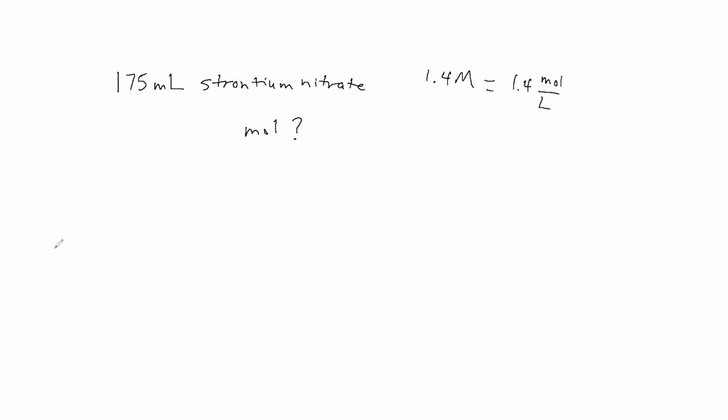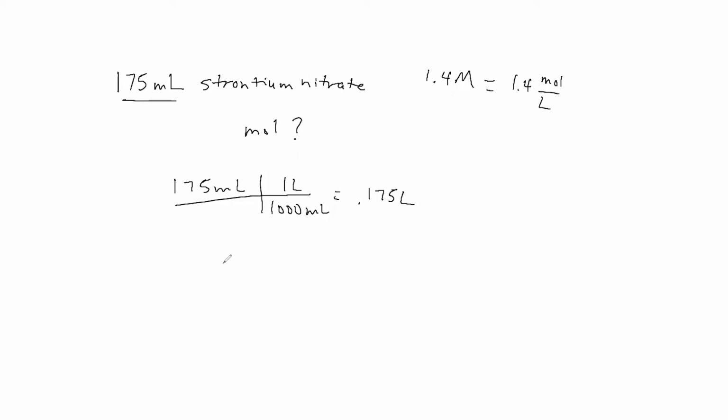All right, so remembering that, that should tell us that if this is in milliliters, we need to first convert it to liters. So 175 milliliters, again, 1 liter is equal to 1,000 milliliters. So that's going to be equal to 0.175 liters of strontium nitrate solution.